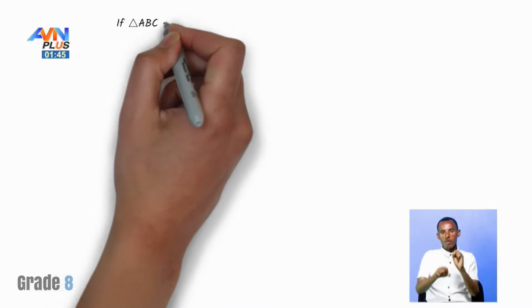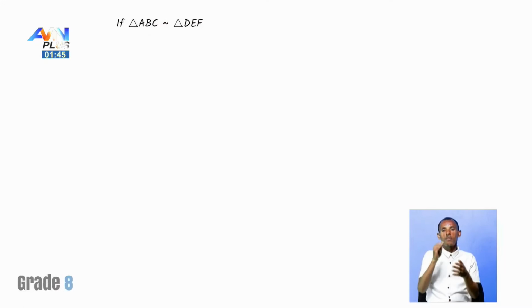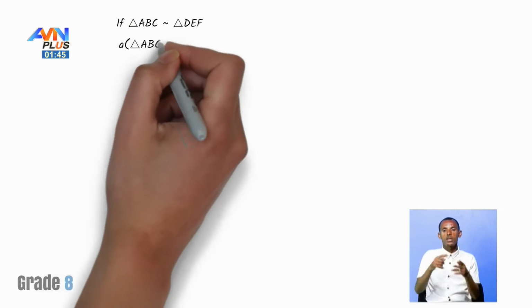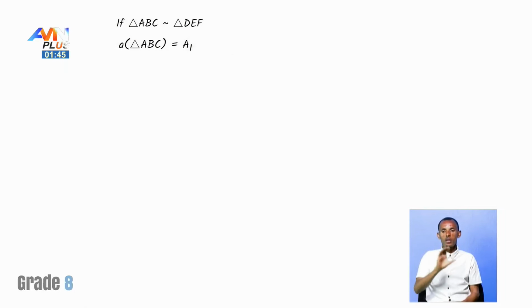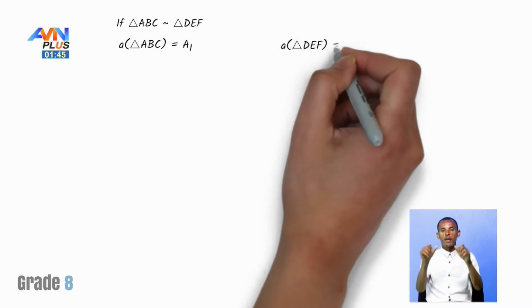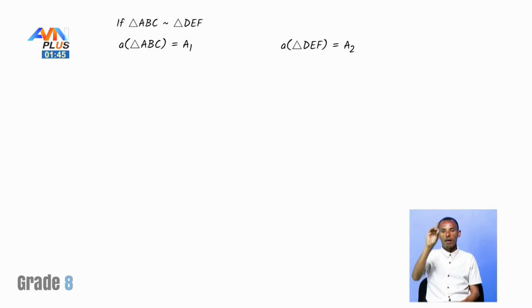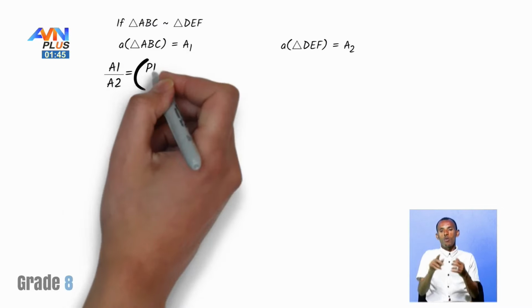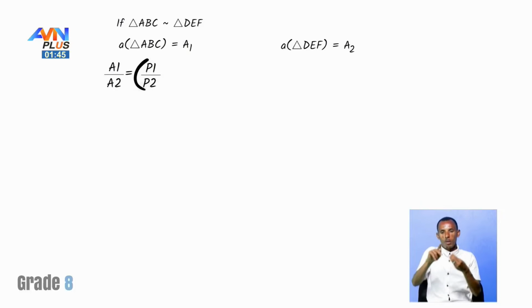If triangle ABC is similar to triangle DEF, where the area of triangle ABC is A1 and the area of triangle DEF is A2, then by similarity of these two triangles, the ratio of the areas A1 by A2 is the same as the perimeter of triangle ABC, call it P1, by P2 the whole square.